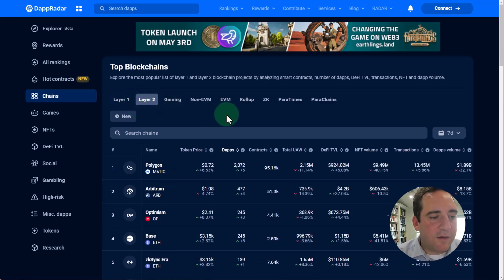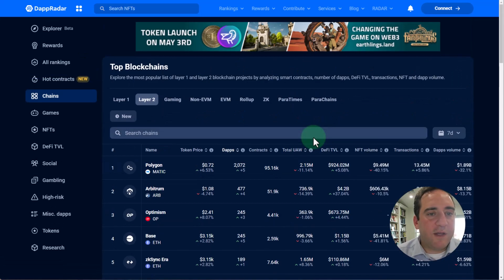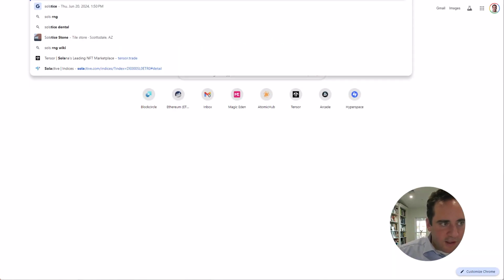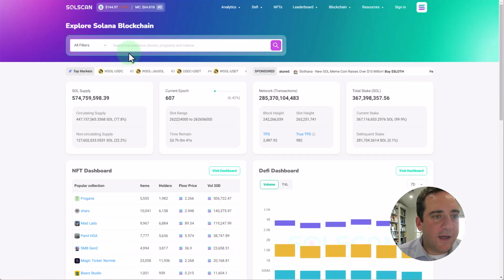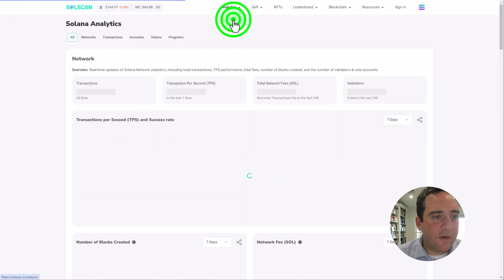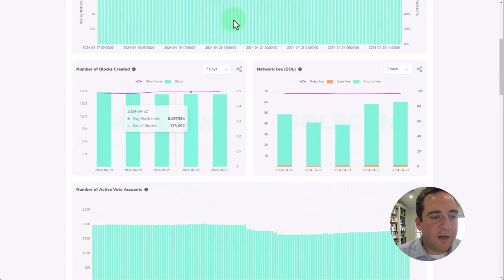But yeah, there's a lot of these applications that I would definitely recommend looking at and tracking. And then you can also see, if you use Solscan, you can track the statistics the same way. So you can look at the transactions per second, the number of blocks created.